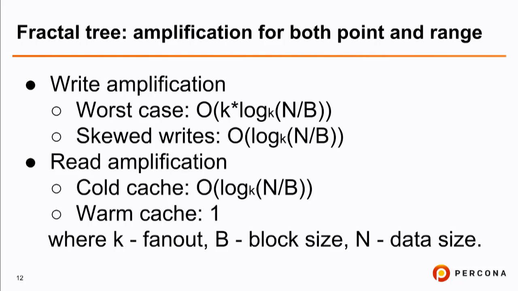For skewed writes, it's log k divided by b because not all buffers are filled with messages, only one or several. Read amplification is the same as for the B-tree. For a warm cache, it's 1 IO.